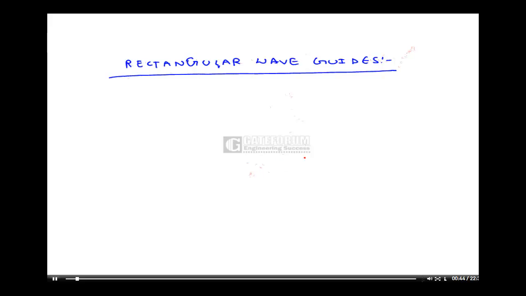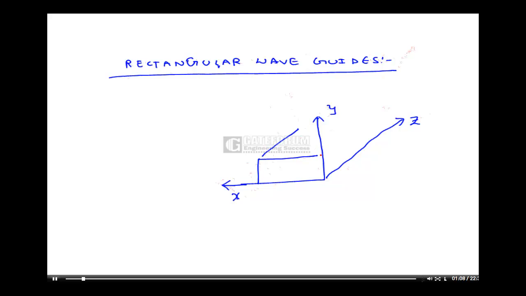Suppose this is the y axis, this is the x axis, this is the z axis. A rectangular waveguide is in a form like this, in this shape.